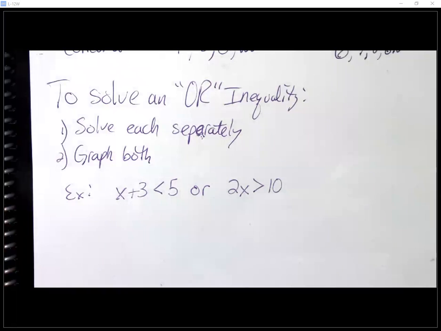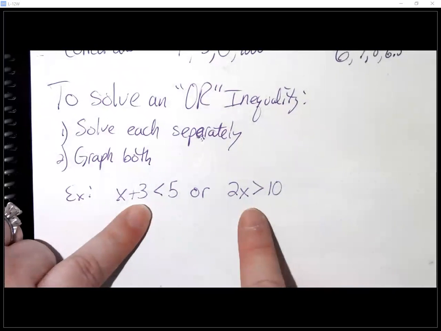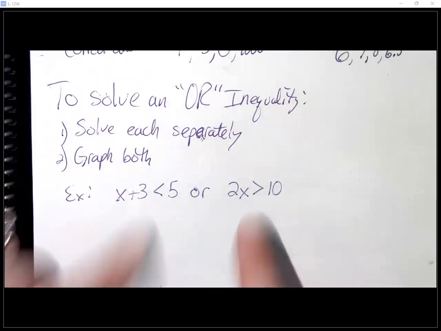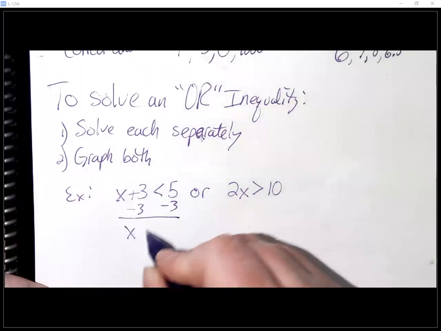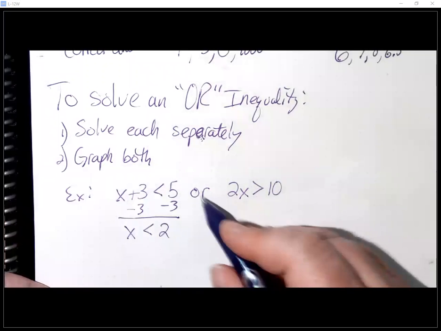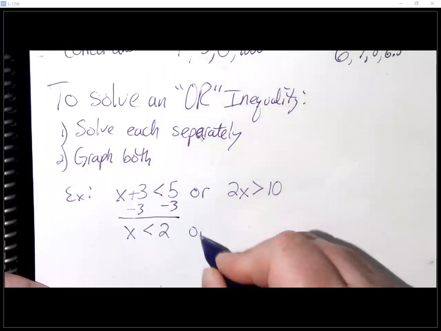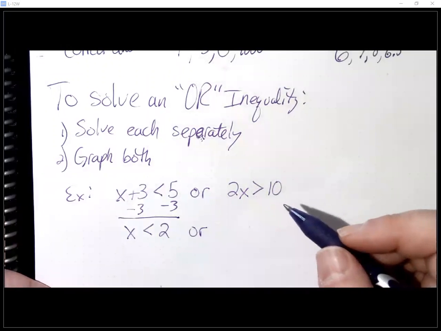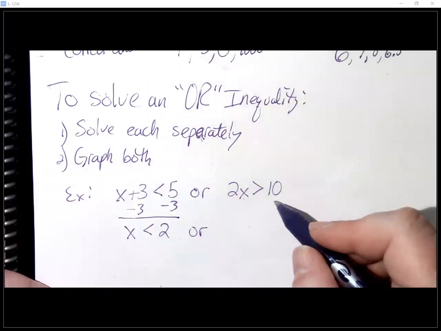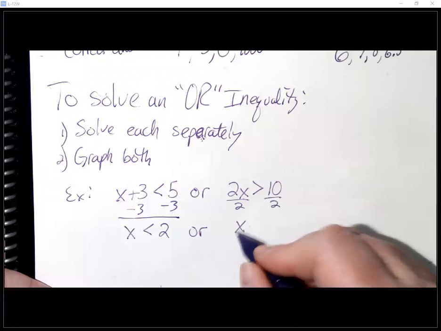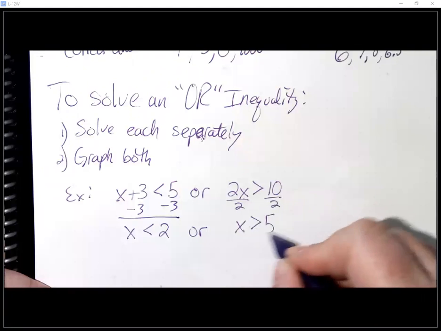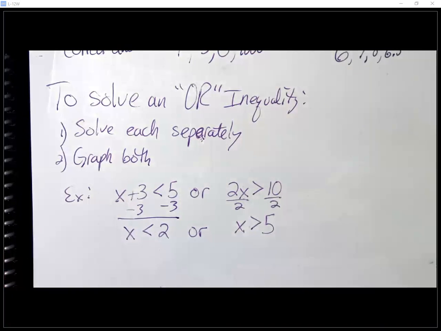It's just like having two little mini problems in the same one. For that first one, we're going to subtract 3 from both sides, easy peasy. So I just get x is less than 2. I need to use that word OR though. You've got to keep that word OR in your answer. And then over here, for 2x is greater than 10, what should I do? I'm not going to subtract because I wasn't adding, I was multiplying, so I'm going to want to divide by 2. So this is my answer.